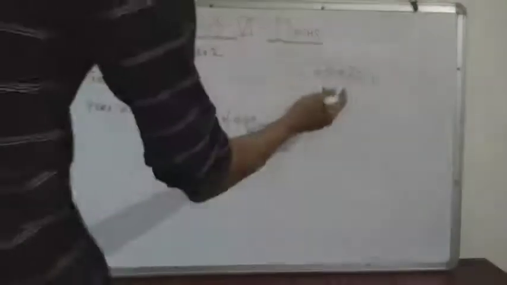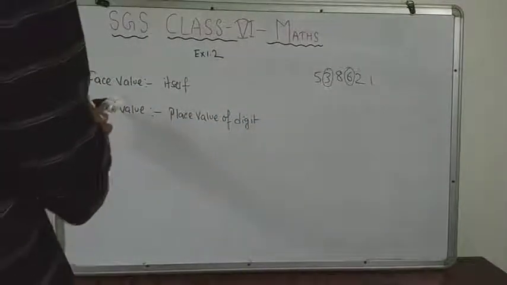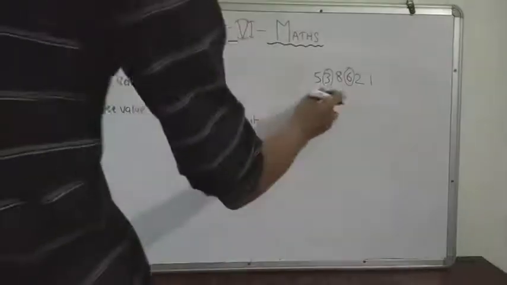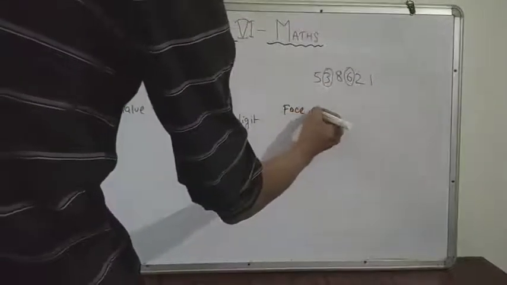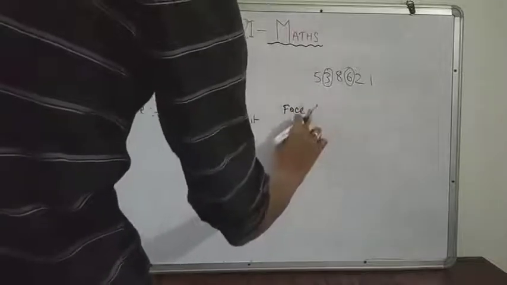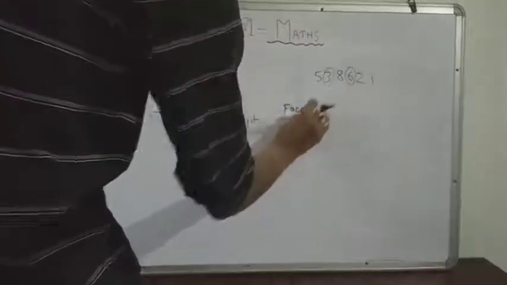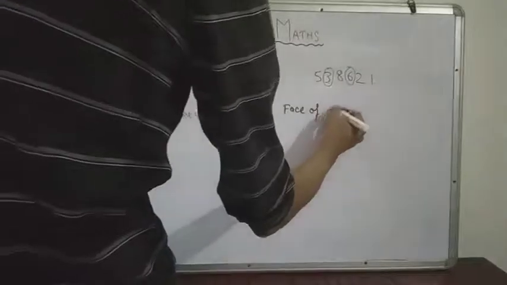If the question asks what is the face value of 3, then we write that the face value of 3 will be the digit itself, that is 3.